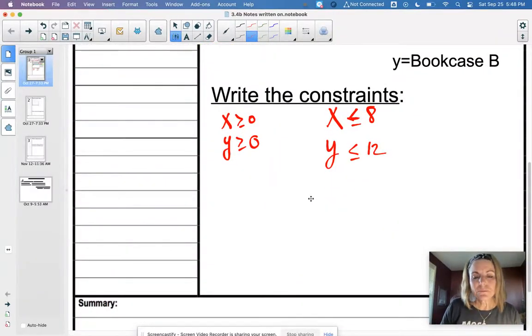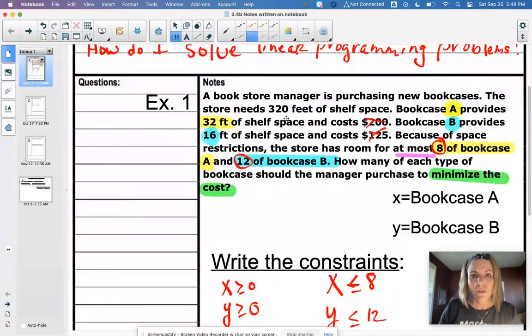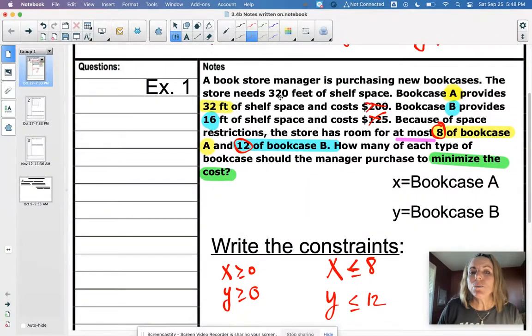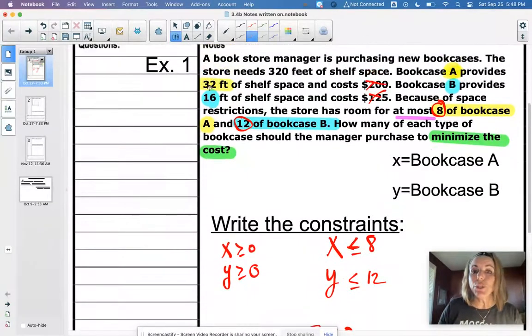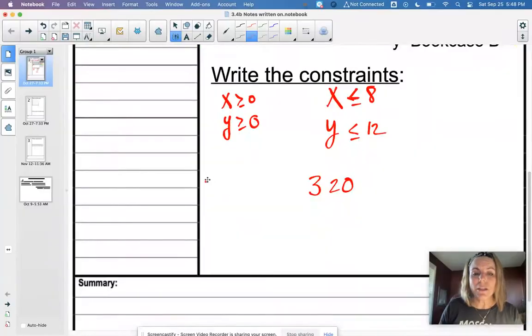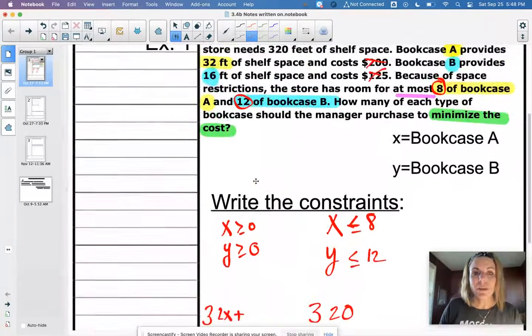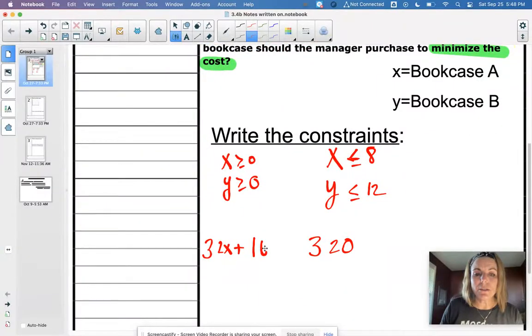Well, that means we need that much shelf space, but could we have more than that available? We could. So we're going to write this out as 32 is going with A. That's going to be 32x plus the 16 is going with B. That's going to be 16y greater than or equal to.